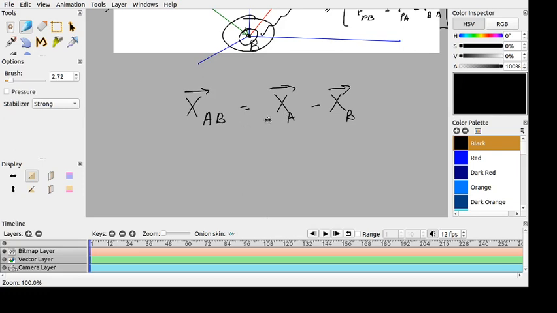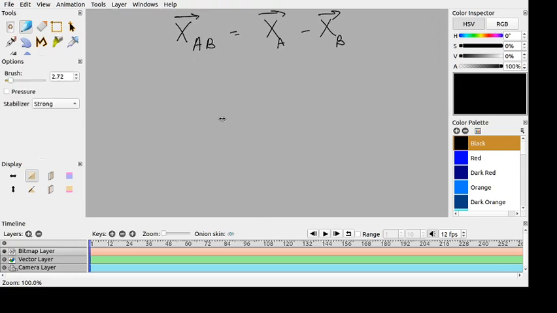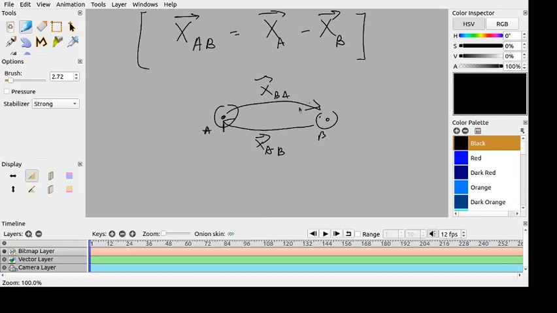Understand, if let's say there are two objects A and B, and both these objects can observe the location of each other, then the location of B as observed by A is written as XBA, and the location of A as observed by B will be given by this relation.